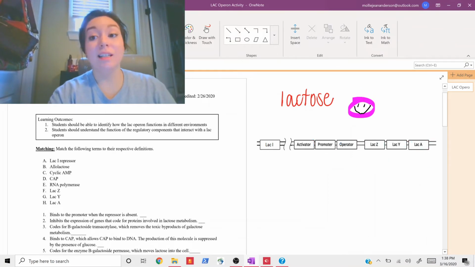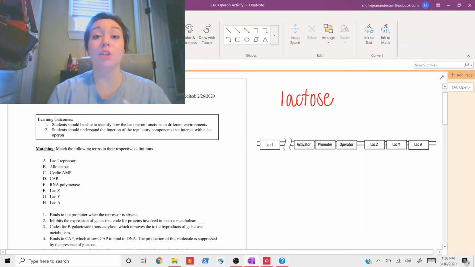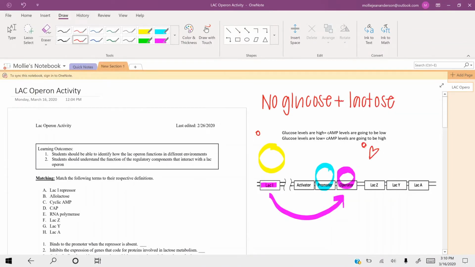The Lac Operon isn't as simple as that. We also have to take into account glucose and what happens when glucose is also present in our cell. For our last two scenarios, we did not consider glucose, but now we need to consider glucose. Why? Glucose is the preferred source of energy for prokaryotes because it's a monosaccharide and it's more easily accessible than lactose.